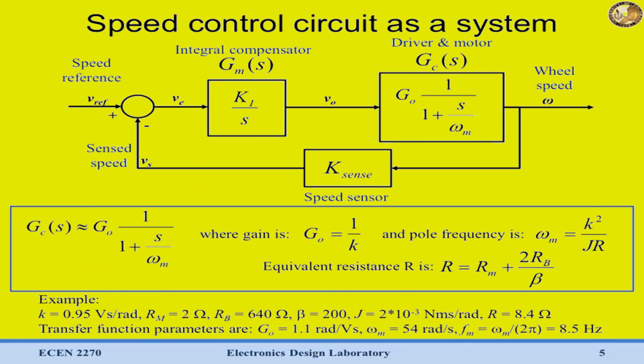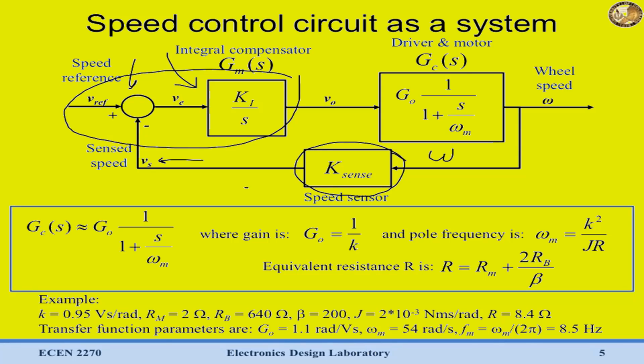When we wrote this system as a block diagram, remember we had separate blocks for the three different parts of the circuit. Our integral feedback controller turned into these two blocks here, a summation and then a gain block, where this is our integral compensator. Our speed sensor became a simple gain block, such that omega multiplied by k-sense equals Vs, where this k-sense was dependent on our T-on time that we designed with our 555 speed sensor circuit.